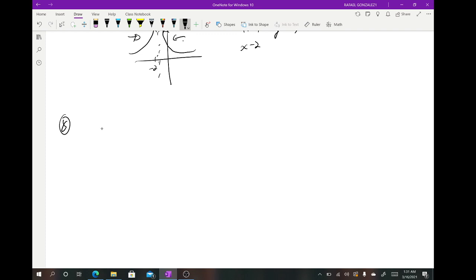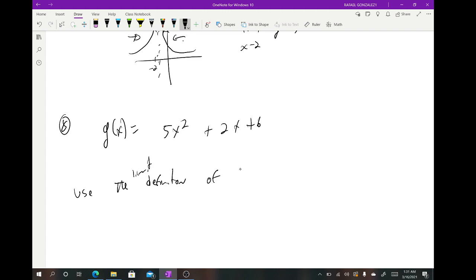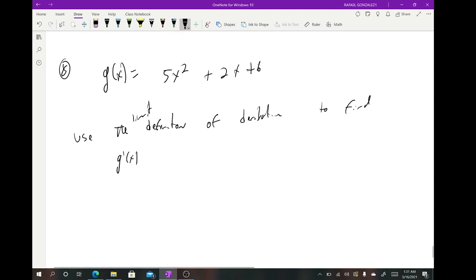So if I gave you something like g of x equals 5x squared plus 2x plus 6, and I told you to use the limit definition of the derivative to find g prime of x, what do we have?